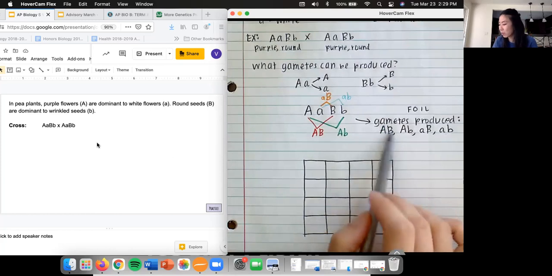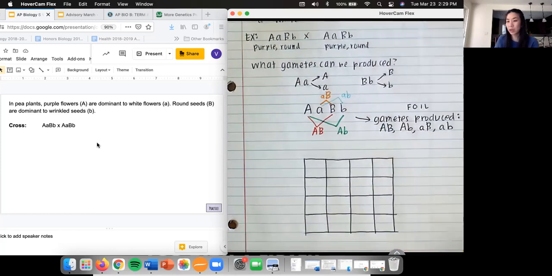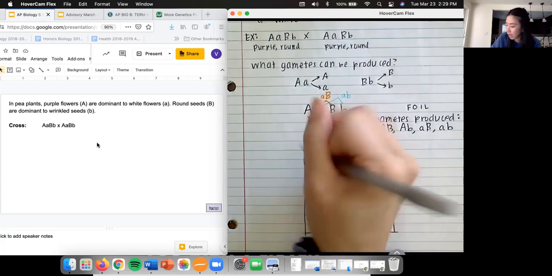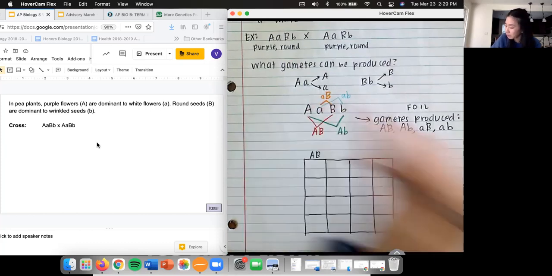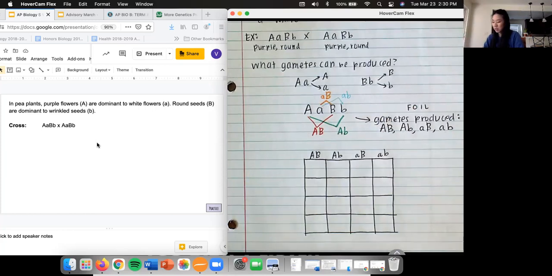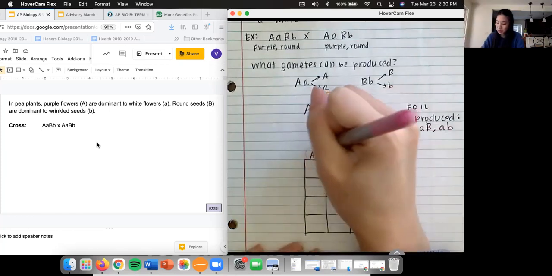And then these are the 4 gametes that are produced. Each of these is going to go on top of one of the columns. So capital A, capital B; capital A, lowercase b; lowercase a, capital B; lowercase a, lowercase b. If I really wanted to depict this, these would all be little sperm cells.